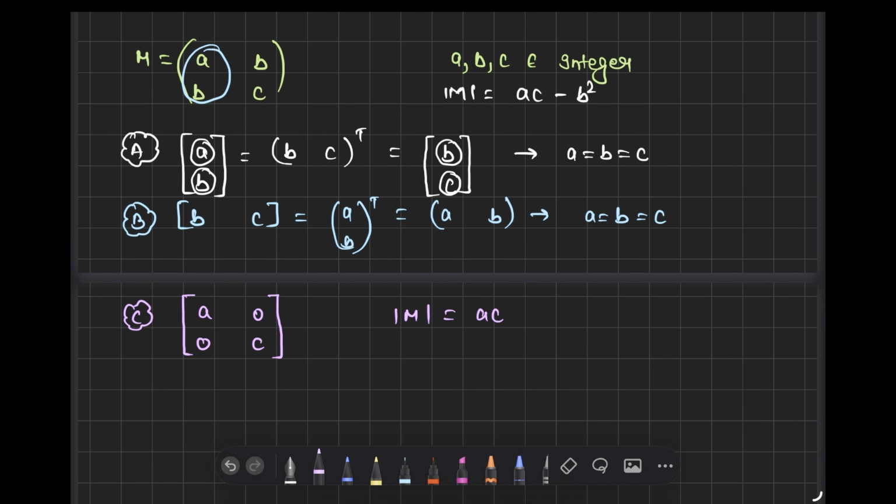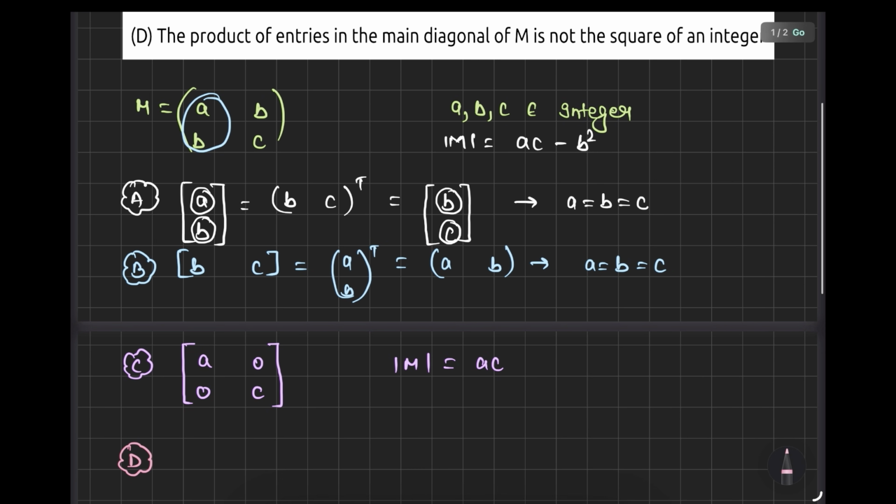Now focus on option number D. The product of entries in the main diagonal of M is not the square of any integer. Wait, very good. So the product of entries in the main diagonal. So in the main diagonal you have what? AC. So you got AC, and it is not the square of any integer.